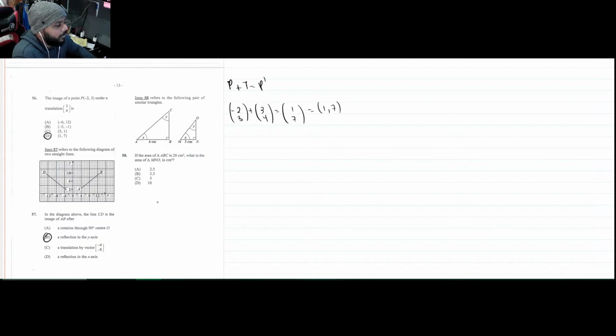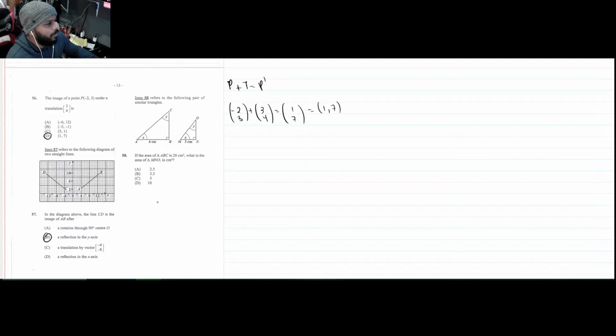Question 58. Right, this is similar triangles. If the area of ABC is 20 centimeters squared, what is the area of MNO in centimeters squared? One is bigger than the other. We have two ways we can do this, and I'll show you the easier way.